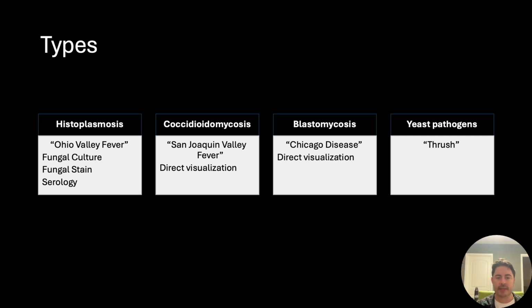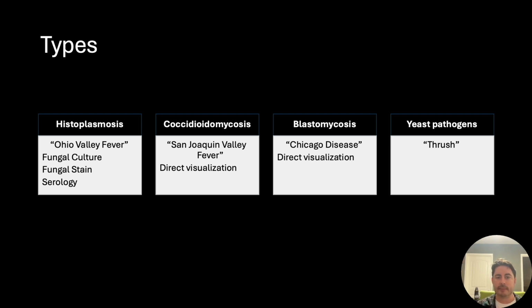With histoplasmosis, another name for that is Ohio Valley fever. We usually see this in bird excrement. Usually you see this in chicken houses or pigeon coops, barns, trees with blackbirds, and bats. So lots and lots of bird excrement is where we would see that.